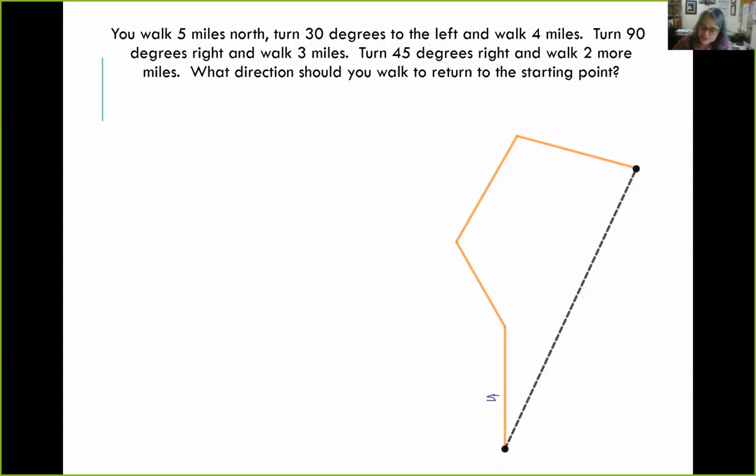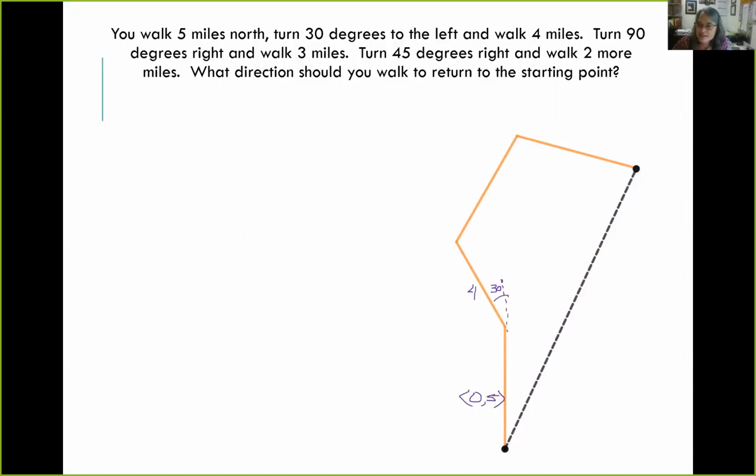So this first vector has got a horizontal displacement of 0 and a vertical displacement of 5. And then you take a turn, something strikes your fancy, and you turn left for 30 degrees. And you walk for 4 miles.